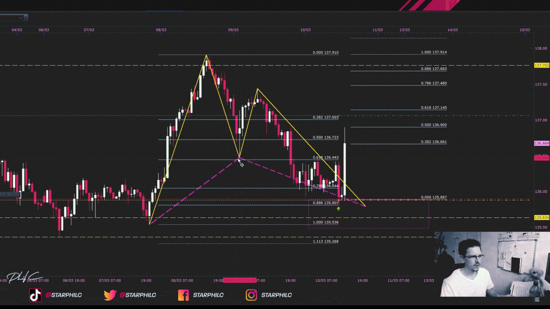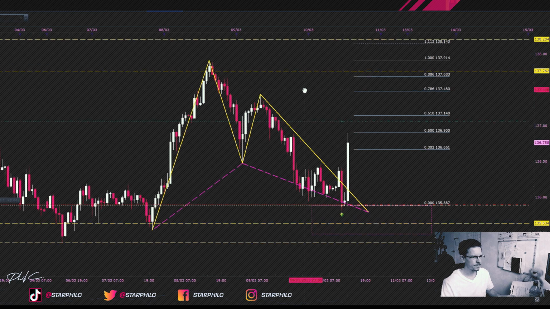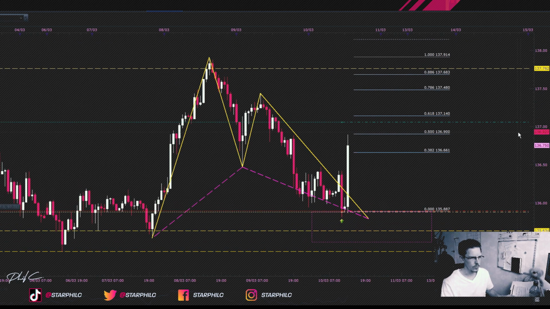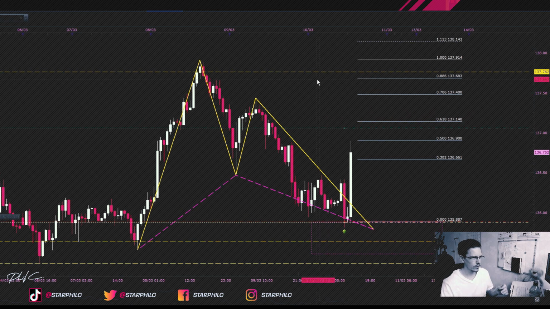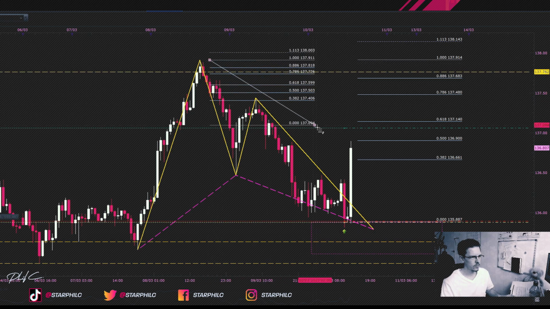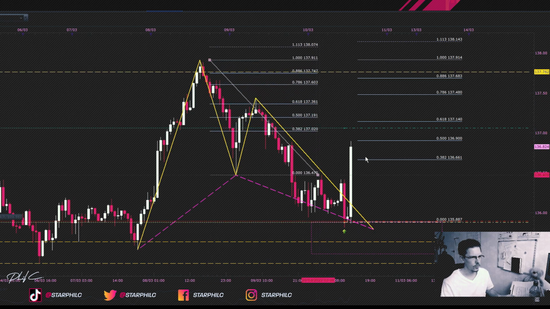So as price action pushes up, I'm looking for the second criteria, which is a Fibonacci retracement from this swing high to this swing low. And what we're looking for is a minimum 382, 50%, 618.